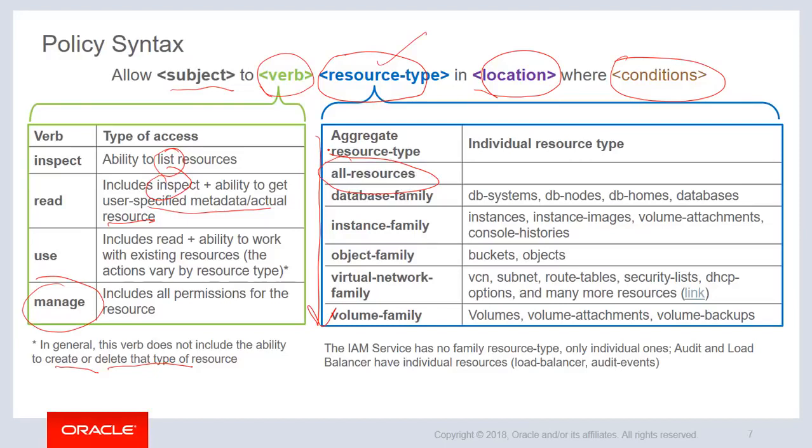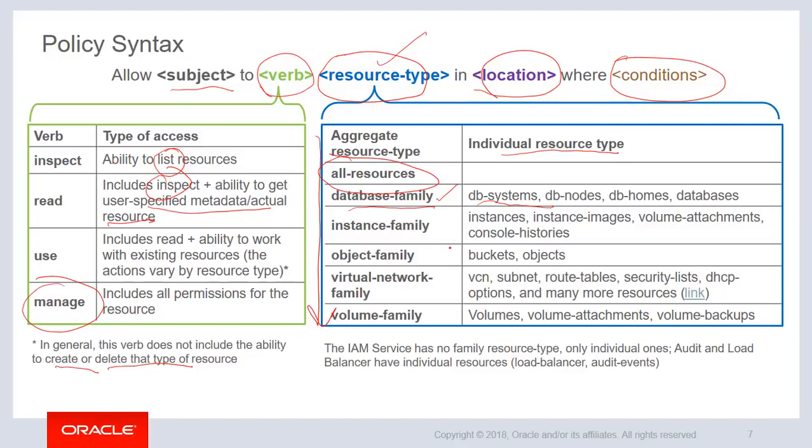If you don't want your users and your groups to get that level of access on all resources, you could further limit their access depending on the resource type. So if you have a group which is only concerned with database, you could define a policy on a database family level. If you want to define a policy even more granular, you could do so by using individual resource types.